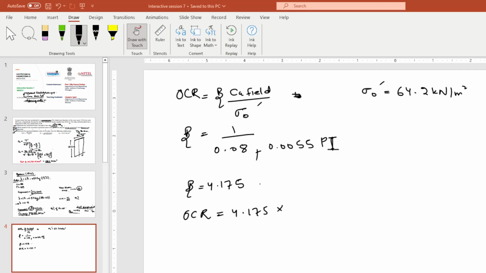I'm trying to re-verify the formula for the OCR value because I can see two sources and one of them has written beta raised to the power of Cu by sigma naught and the other has written beta multiplied by. I'm just trying to see which is correct. Okay, one second.